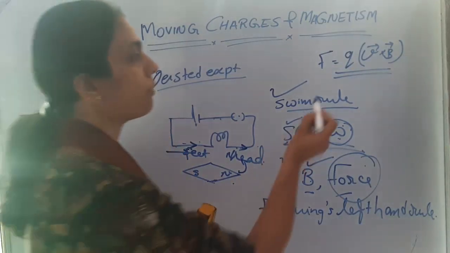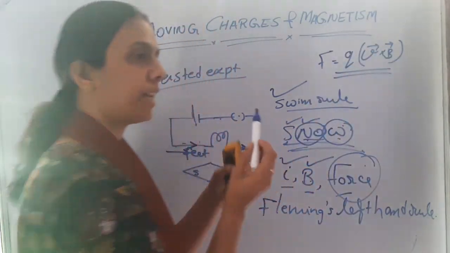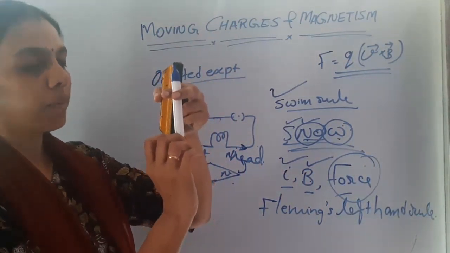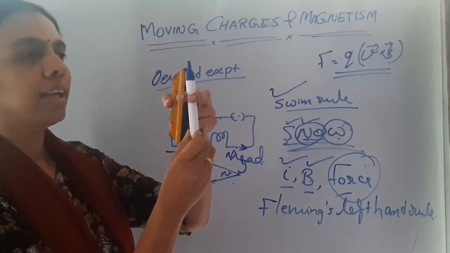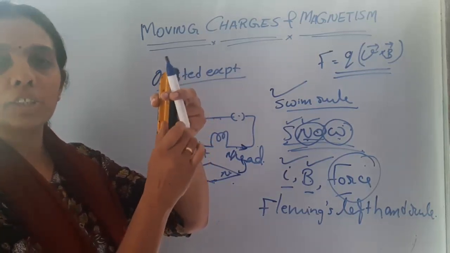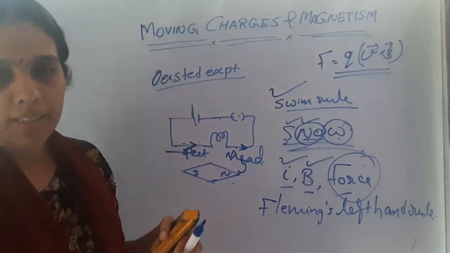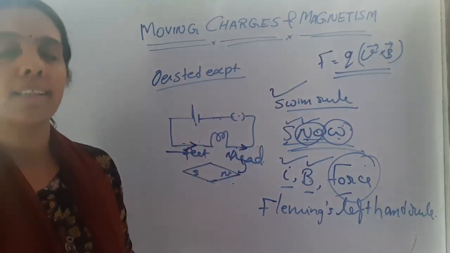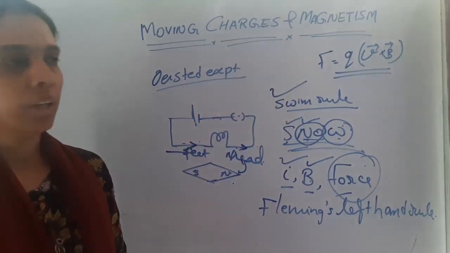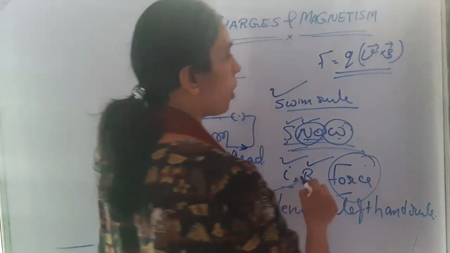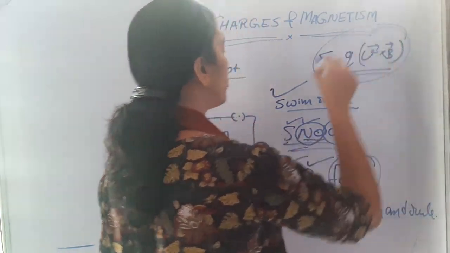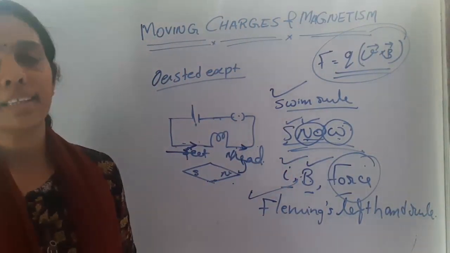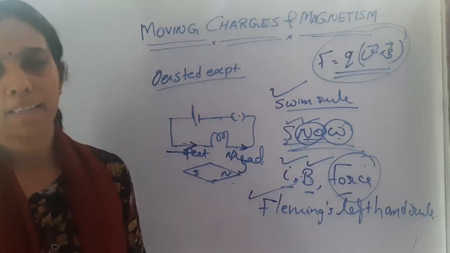So for V cross B, when we rotate the screw from V to B, the direction in which the tip of the screw moves represents the direction of force acting on the conductor. Okay, that is the right hand rule. Fleming's left hand rule or the right hand screw rule is used to find the direction of force acting on a current carrying conductor present in a magnetic field.